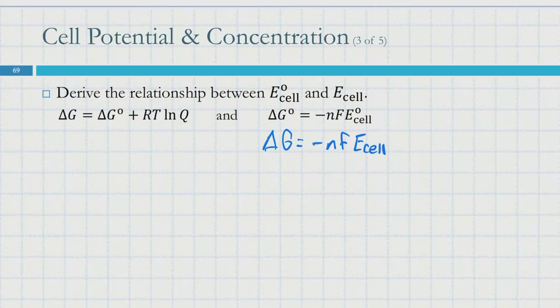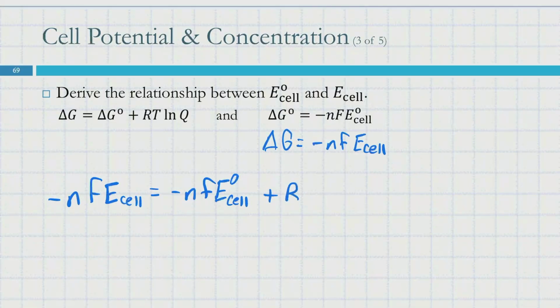So what we're going to do is substitute these into this RT ln Q. So we get negative nF E sub cell equals negative nF E naught sub cell plus RT ln Q, not K, because we're not at standard conditions and we're also not at equilibrium possibly.